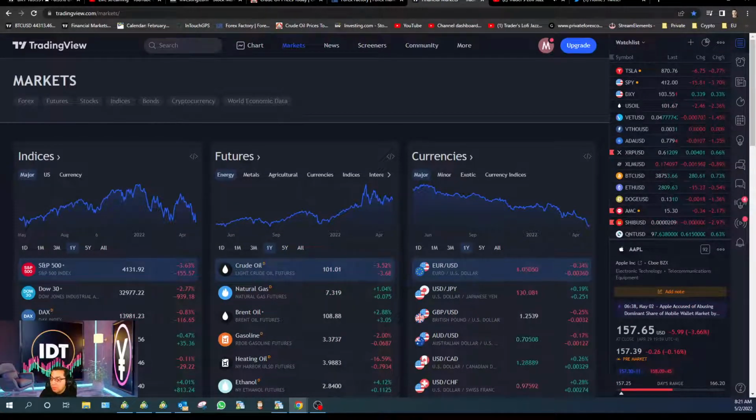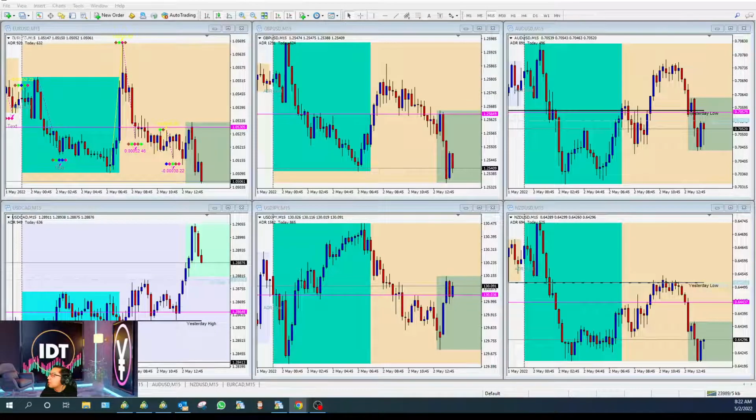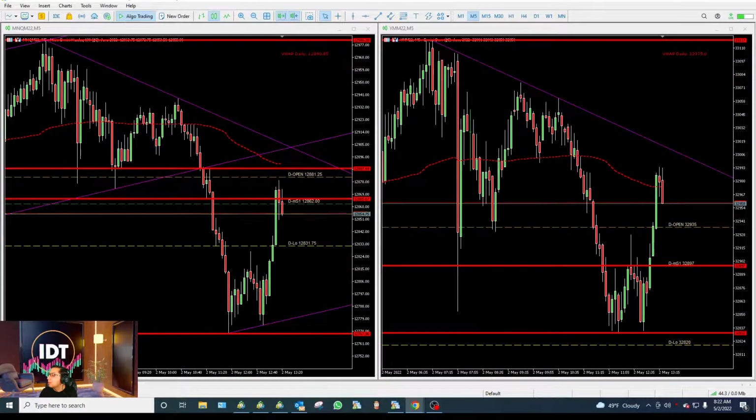We're looking for a trade setup on the Nasdaq and the Dow. We have that bias to the downside.